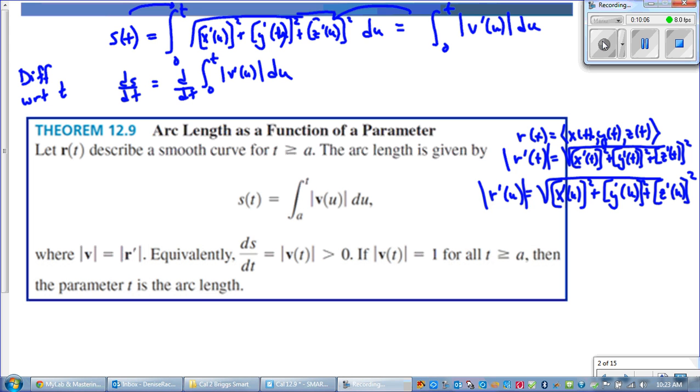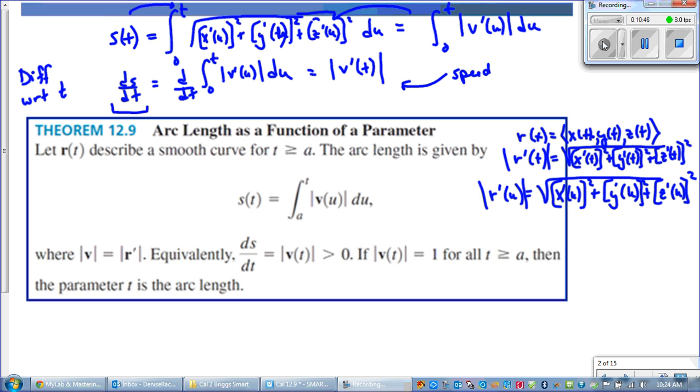Now, if you remember the fundamental theorem of calculus, the part we don't use very often, it says if you take the derivative of an integral from some value a to the variable t, that is just the same thing as that integrand evaluated at t. So this would be the magnitude of v of t, which is just the speed. So what this says is that the derivative of the arc length with respect to time is the speed. So the change in the arc length with respect to time is just the speed of the curve.